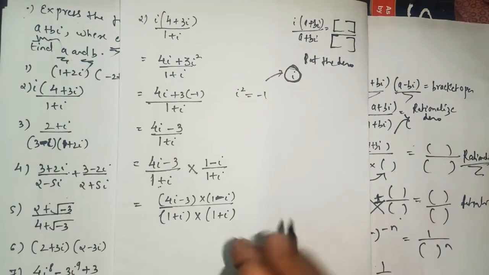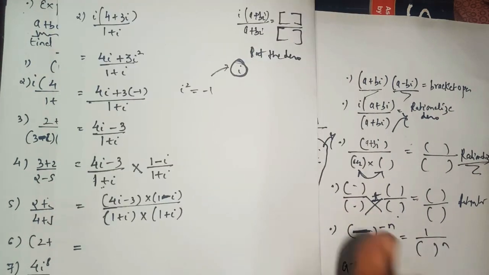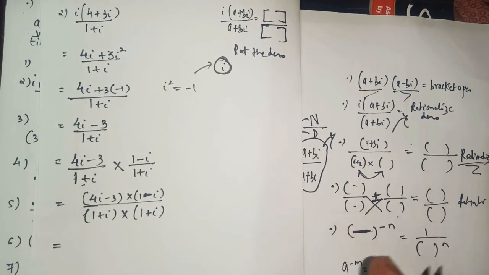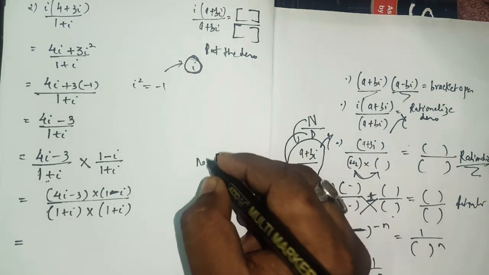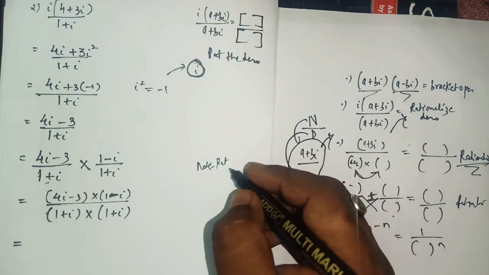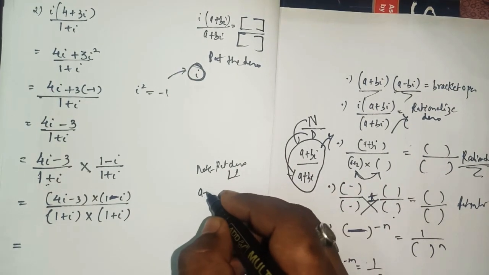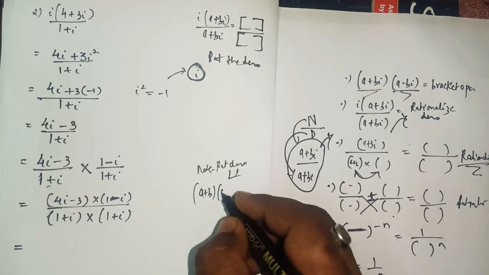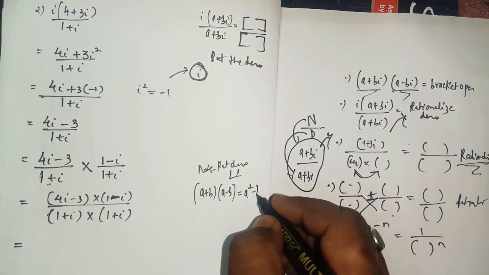Okay, so now, and see to it that whenever you are rationalizing the denominator, the denominator section will get converted to a plus b and a minus b format, which we can write as a square minus b square.